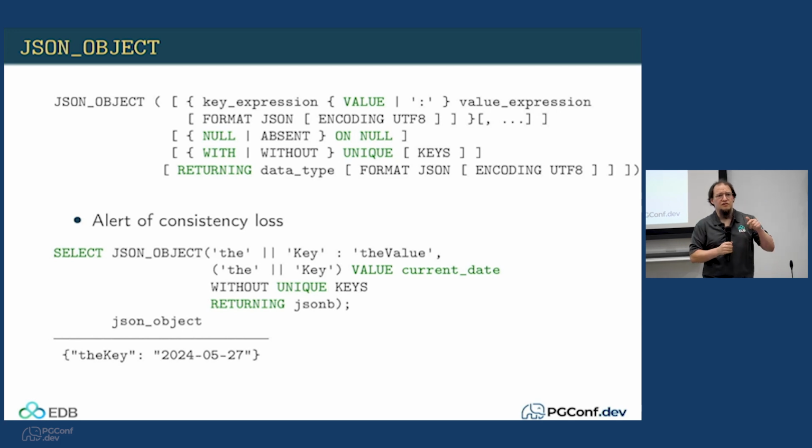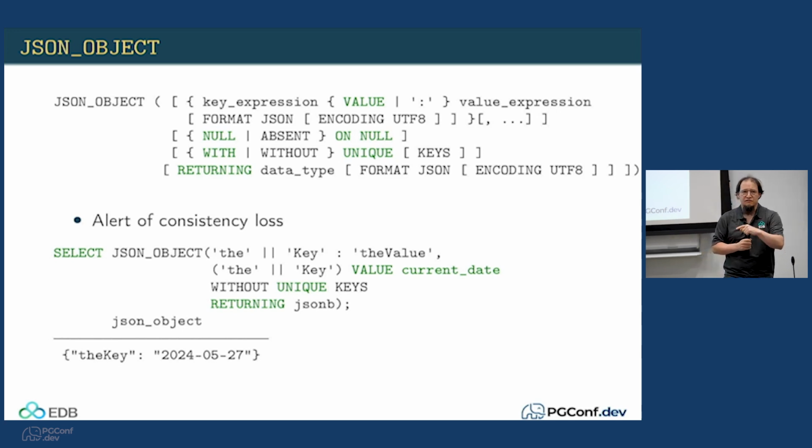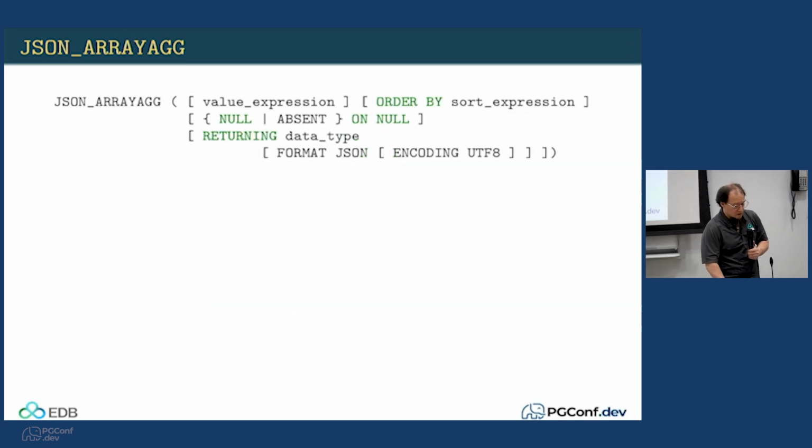If you do RETURNING JSON, then it will keep both because the data type JSON doesn't care if there are duplicates. But JSONB does care. So if you do this, then the value will disappear and you will not know. JSONB keeps the last value that is assigned.